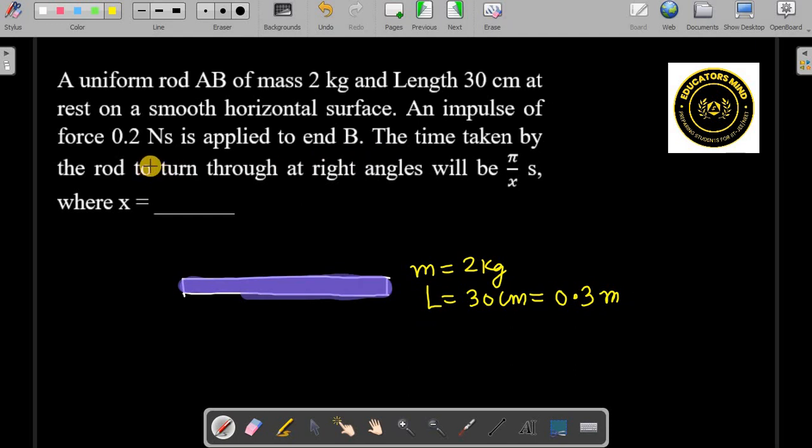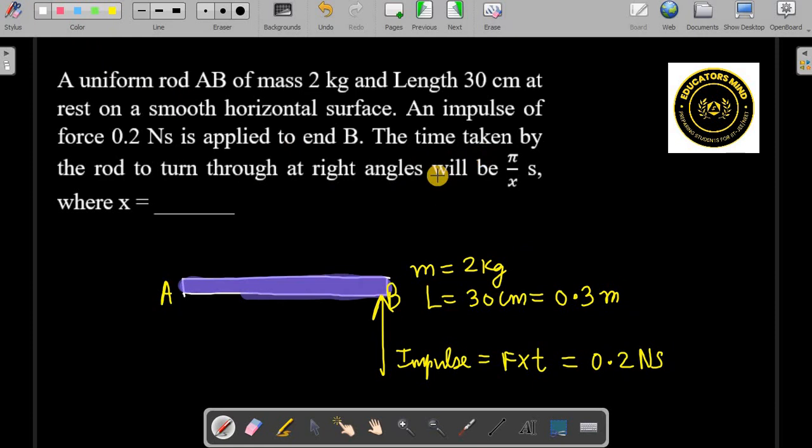An impulse of 0.2 Newton second is applied to the end B. So this is rod A and B you can take. At this end there is an impulse acting. What is impulse? Impulse is basically force into time. So they have given 0.2 Newton second, right? The time taken by the rod to turn through right angles will be.